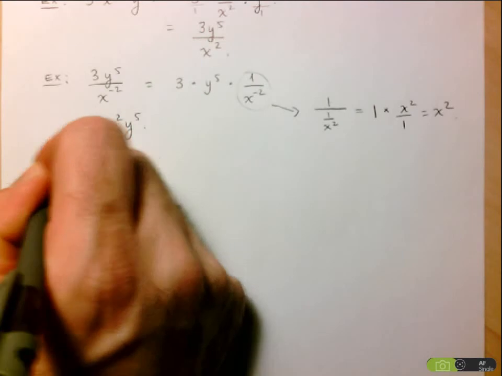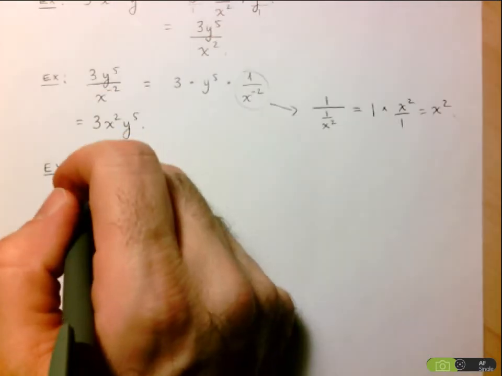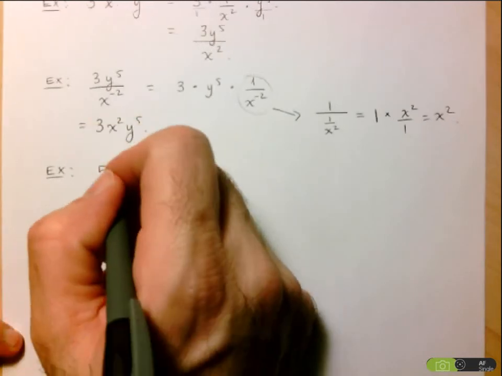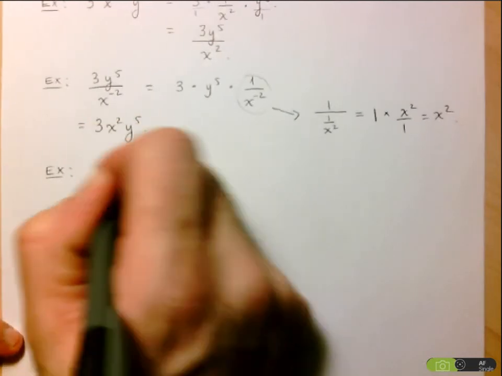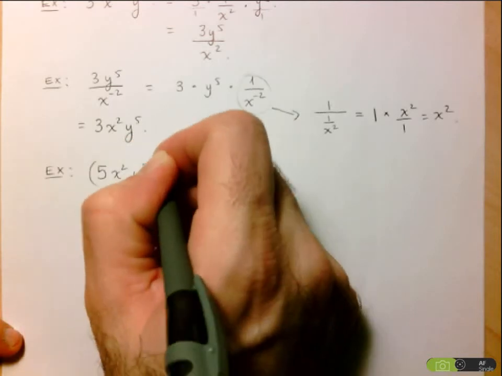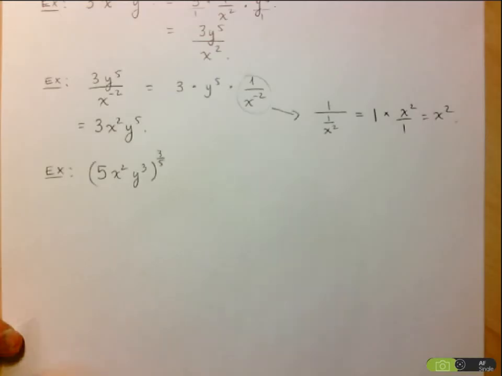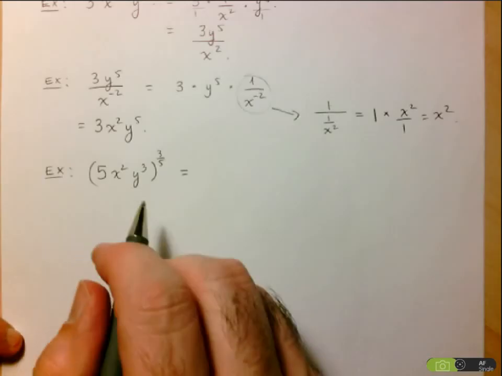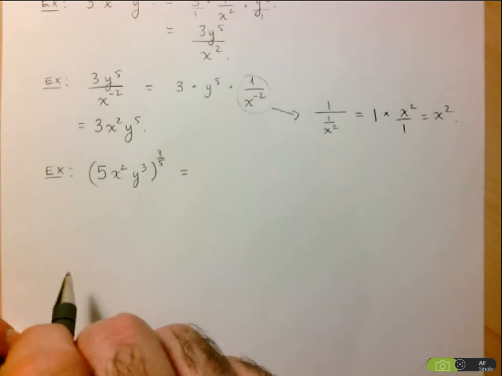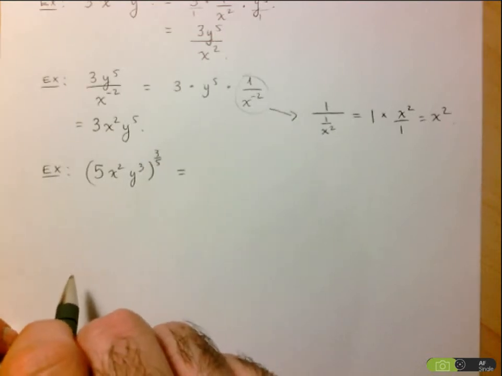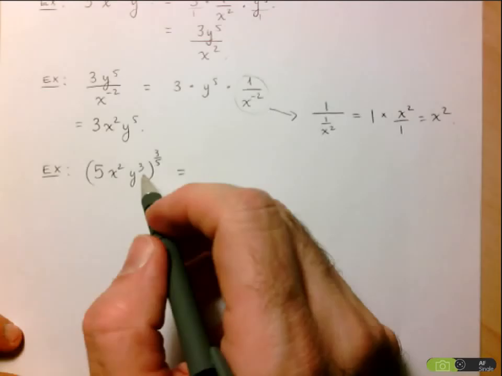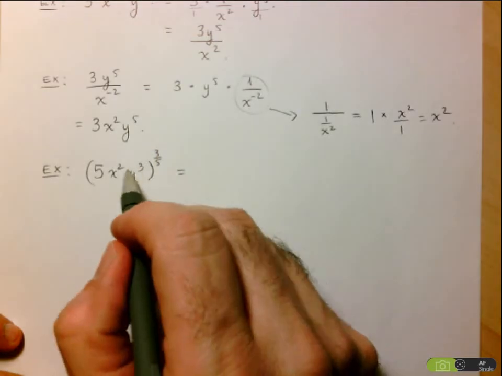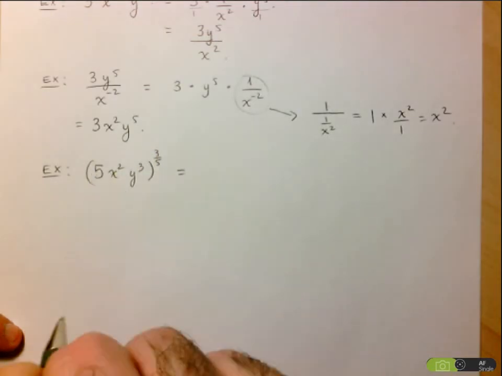So as an example here, if I have 5x squared y cubed to the 3/5, we would never leave the expression like this. Convention says that we'll always write this in root form. So here it makes more sense to first consider the cube, because that'll allow me to simplify this expression here.